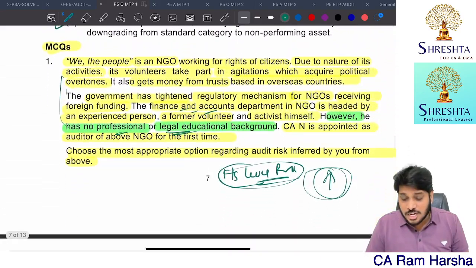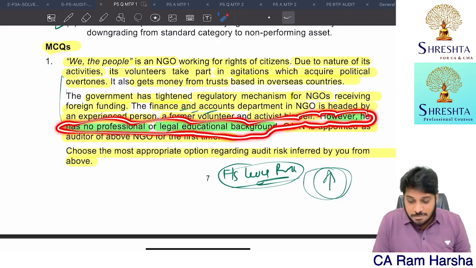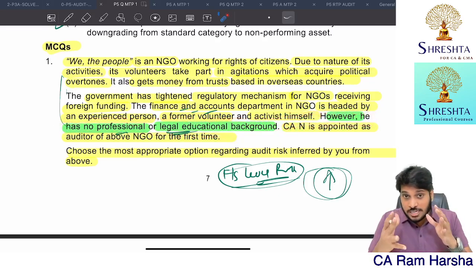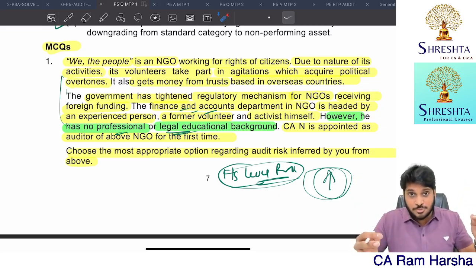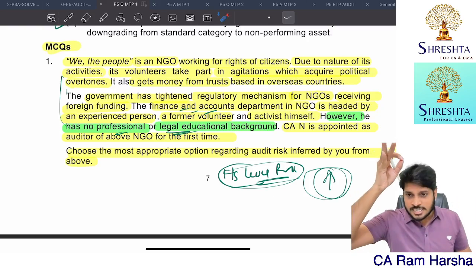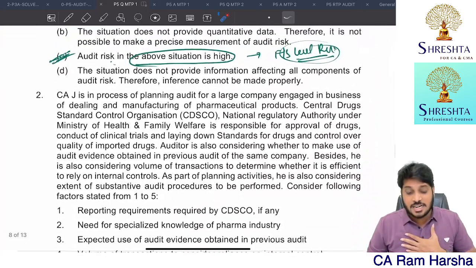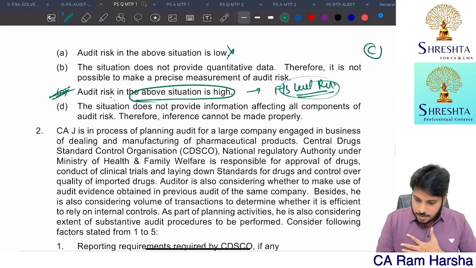What is financial statement level risk? Here, the accounts and finance department head has no knowledge. Because he does not have knowledge, there is a possibility that the entire NGO-related accounting and finance affairs might contain material misstatement in every area. So audit risk is extremely high. So I selected answer C based upon this logic. Next.